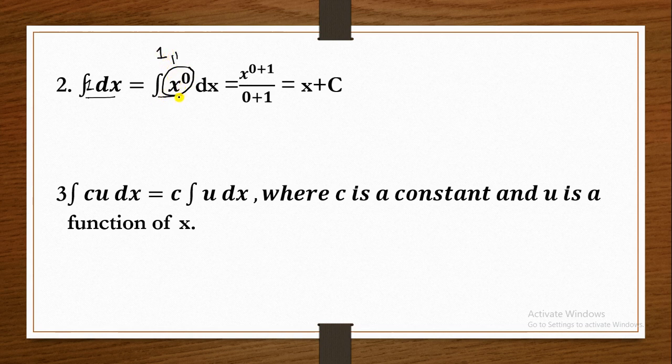So same formula applies, means formula 1. So power 0 plus 1 upon 0 plus 1. So answer becomes x plus c. You can learn directly, if integration of dt, then directly you can write t plus constant of integration. Means integration with respect to this variable, so answer becomes this variable.